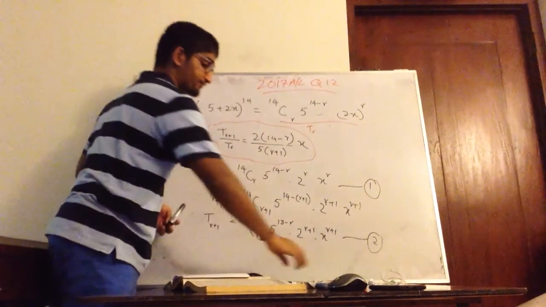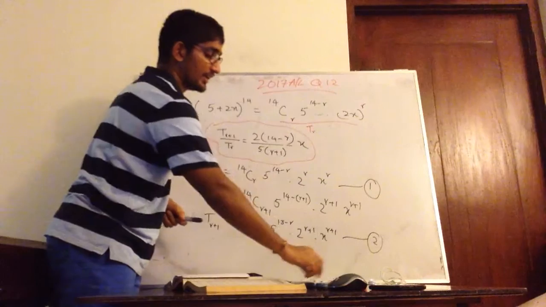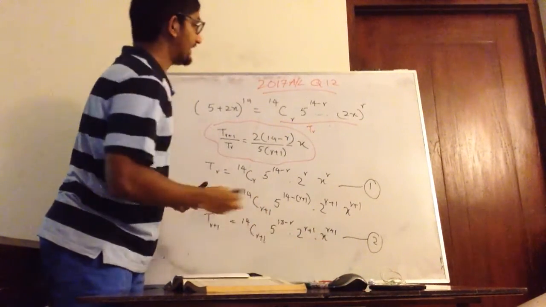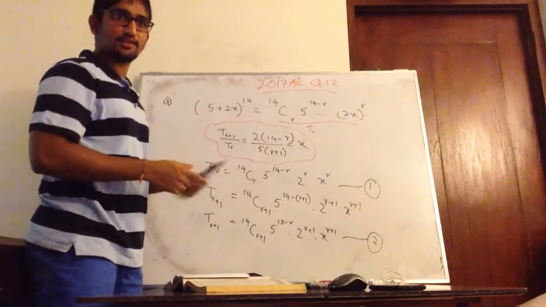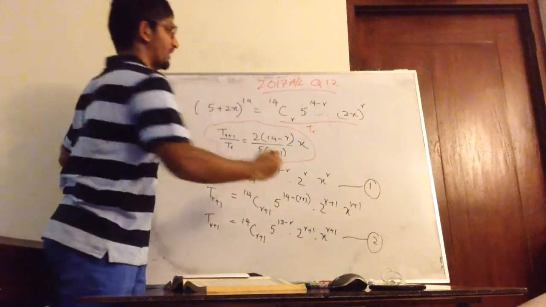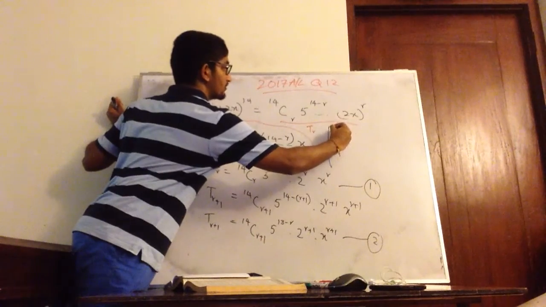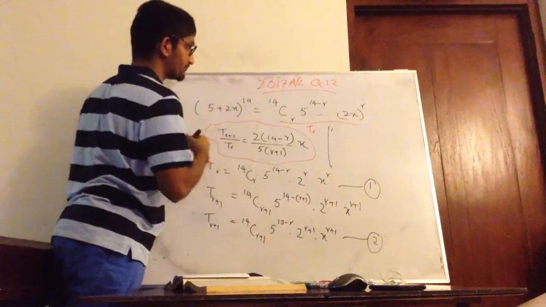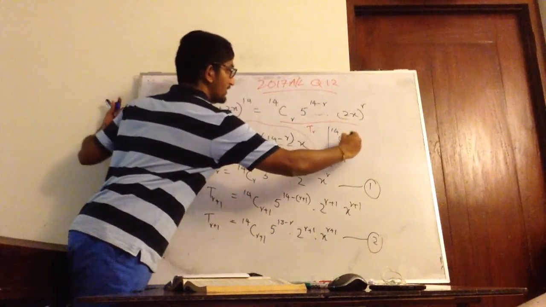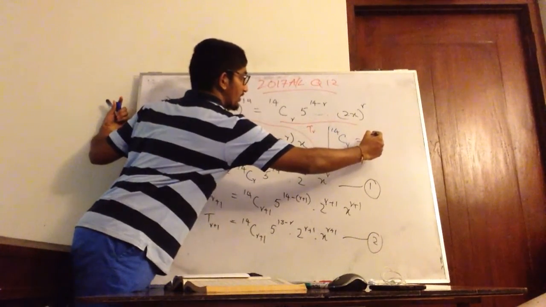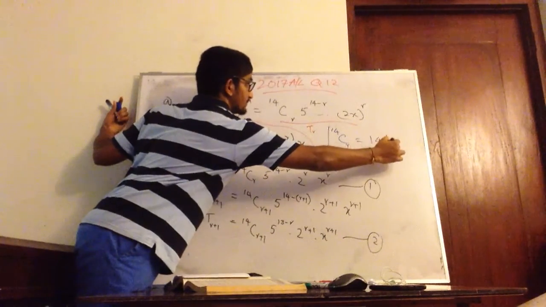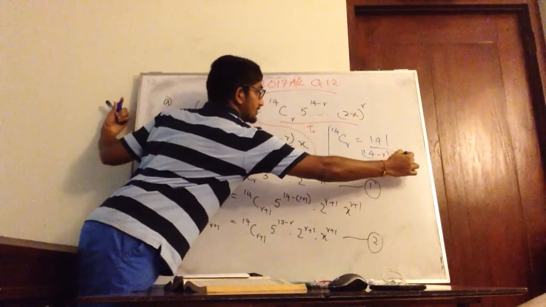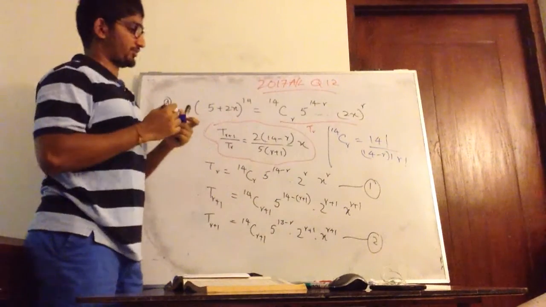Another thing, it's safer for you all to write out what 14 C r is when you write this. So 14 C r is 14 factorial over (14 minus r) factorial times r factorial, right?